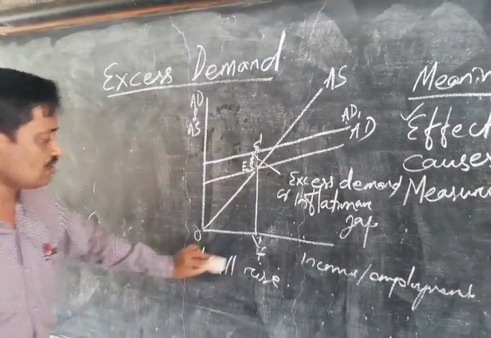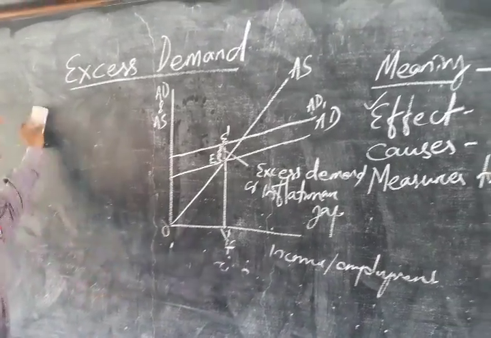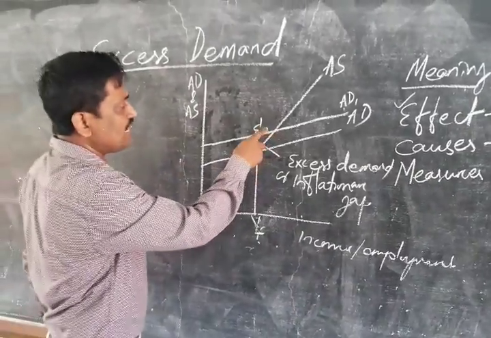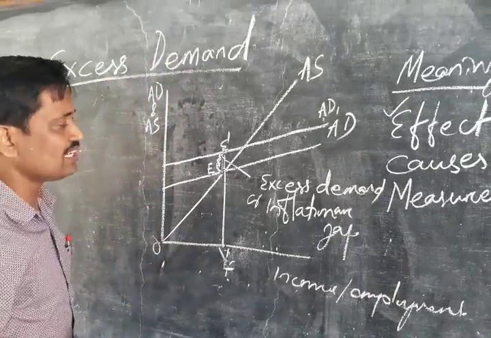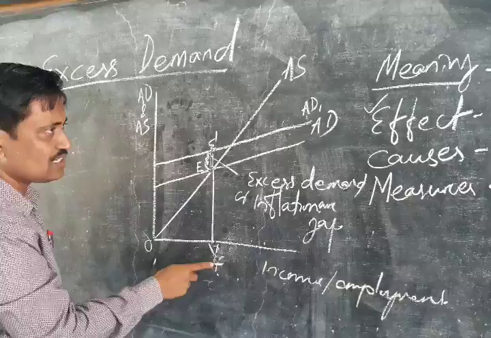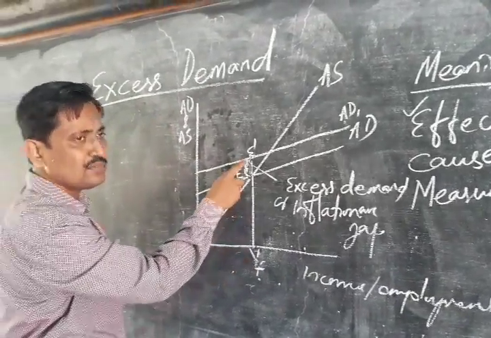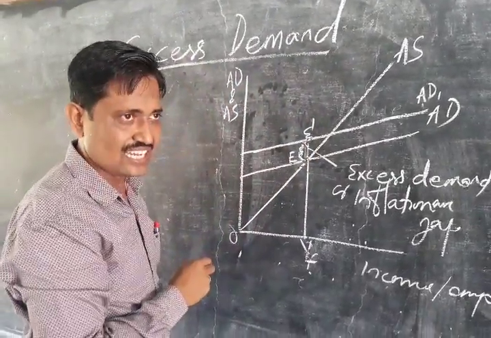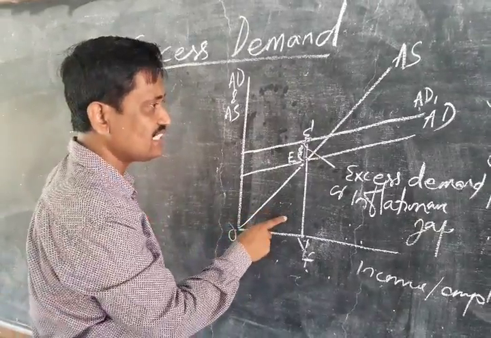Next come to the causes of excess demand. What are the causes of excess demand? When demand is more than the supply, excess demand arises. If demand is more than the supply corresponding to full employment levels, then excess demand arises. That means due to rising demand or due to a fall in supply, excess demand arises.